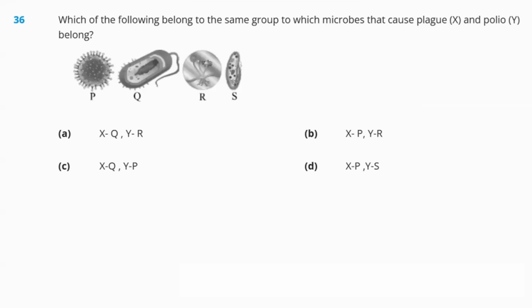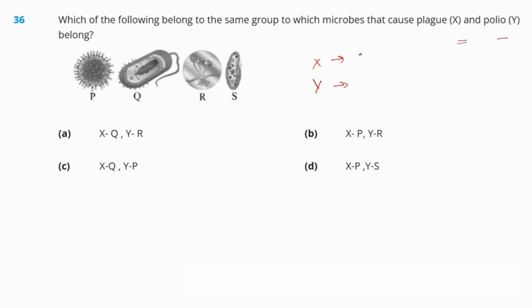Question number 36. Which of the following belong to the same group to which microbes that cause plague and polio belong? So plague X and Y, right? Plague and polio are the examples of what?